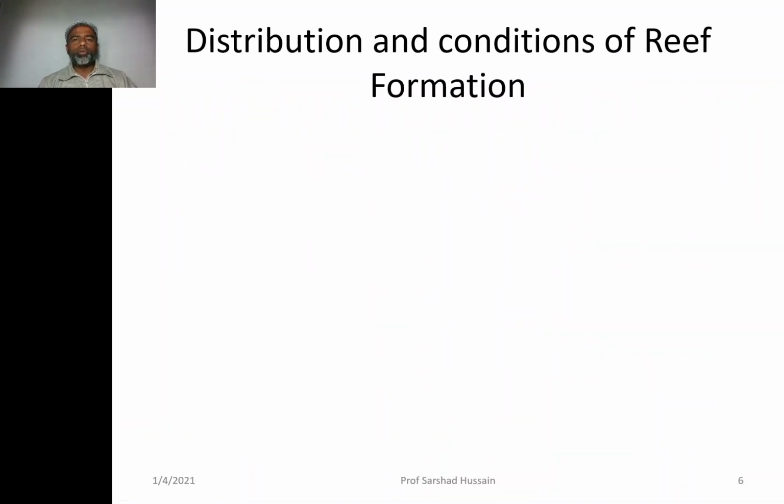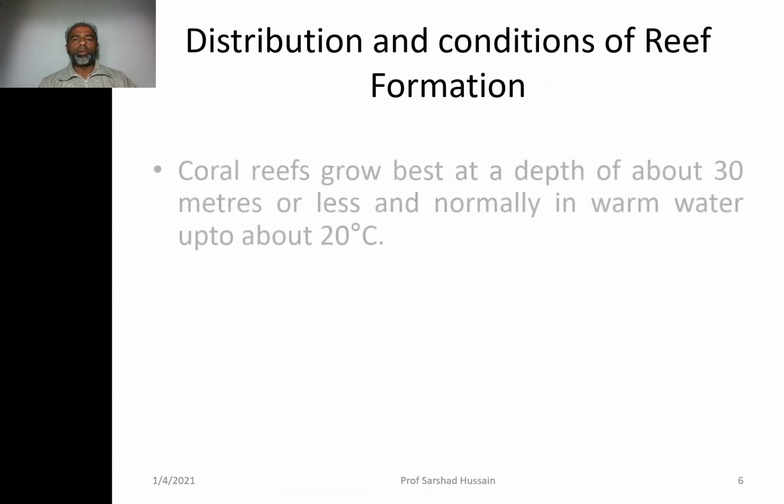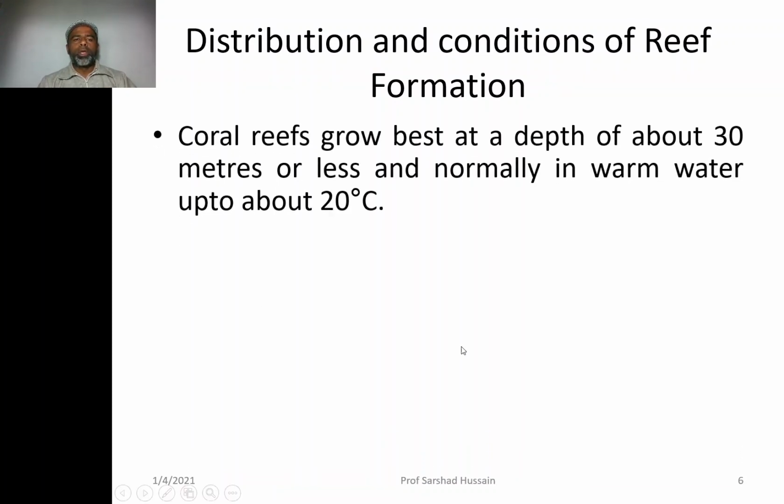Let us see distribution and conditions of coral reef formation. Basically, the coral reefs grow best at a depth of 30 meters or less and normally in warm water of about 20 degrees Celsius. So within the ocean, along the seashore, they are formed at a depth of not more than 30 meters.